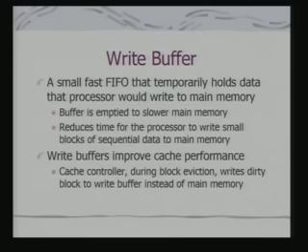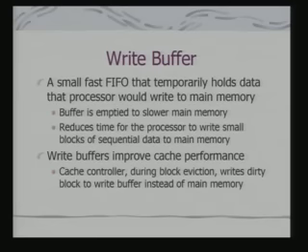In order to take care of that overhead, many processors including ARM have an on-chip write buffer, which is a fast memory, but it is not the same as the cache. The buffer is emptied to slower main memory, and it reduces the time for the processor to write small blocks of sequential data to main memory.